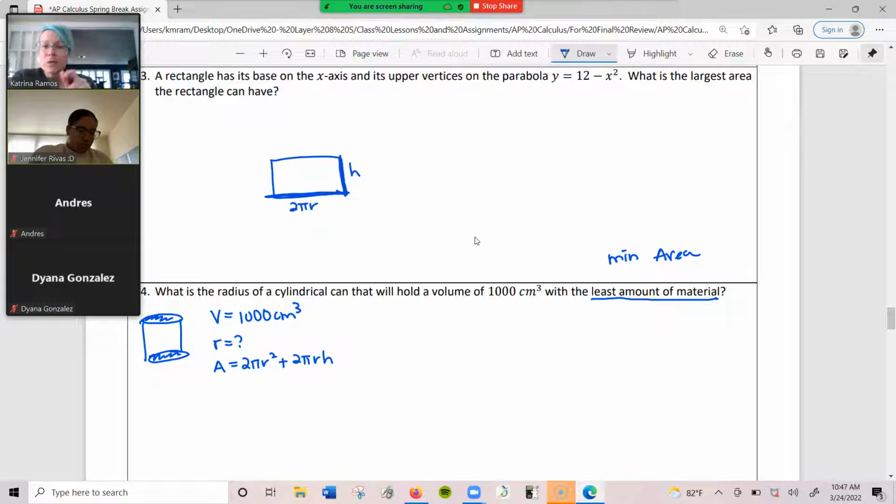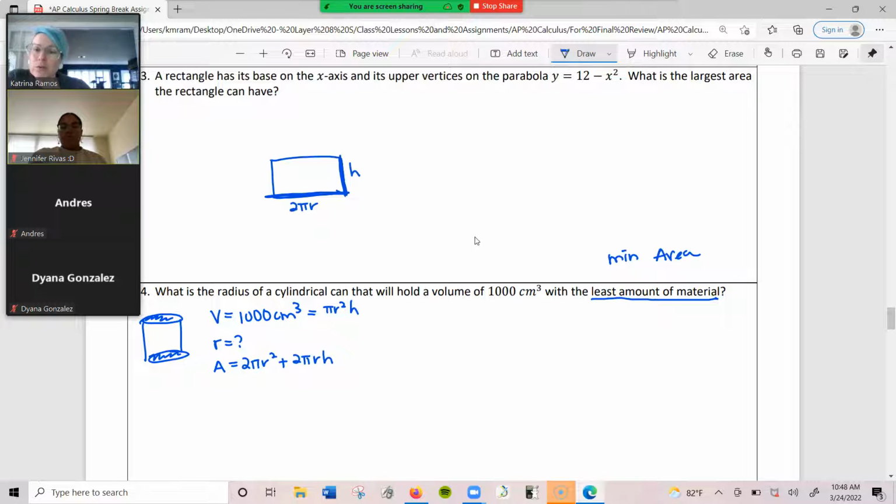Okay. So since that's what I want to minimize, now I have a problem because we have too many variables. We're trying to solve for r. So what we're going to do is take the volume equation, because they give us volume for a reason. The volume of a cylinder is pi r squared times the height. So far, so good?